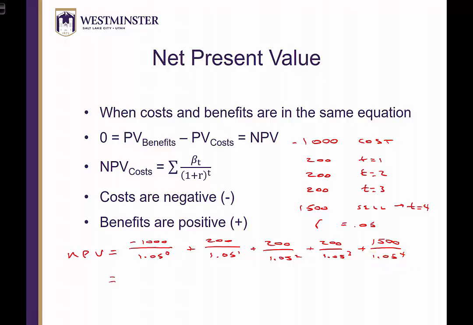So let's go ahead and identify the value for each of these terms. Well, we know that negative 1,000 divided by 1.05 to the 0 is the same thing as negative 1,000 divided by 1, or simply negative 1,000.